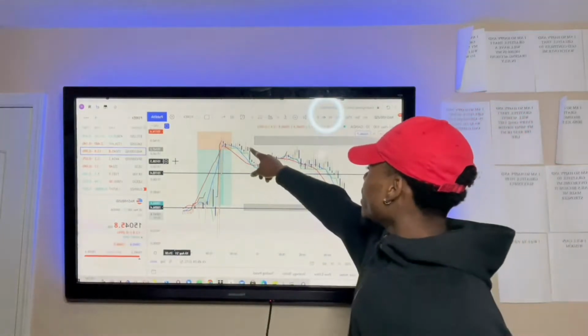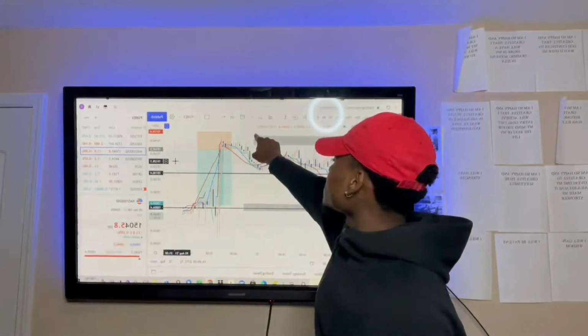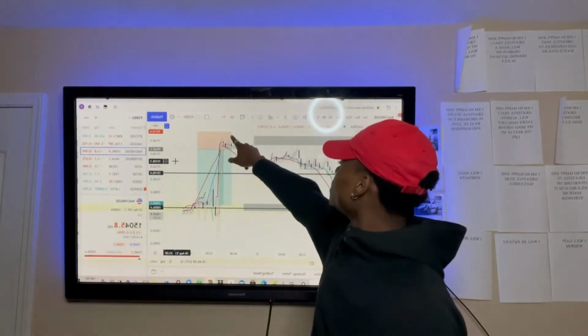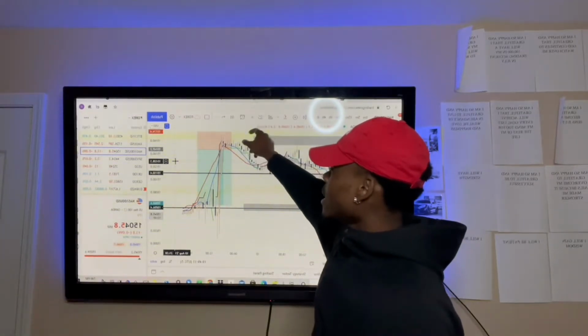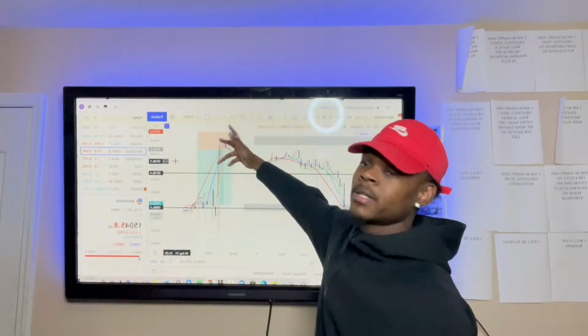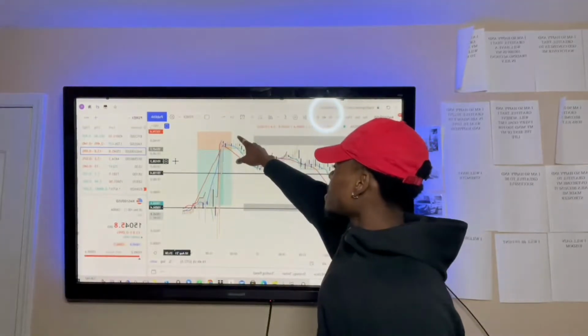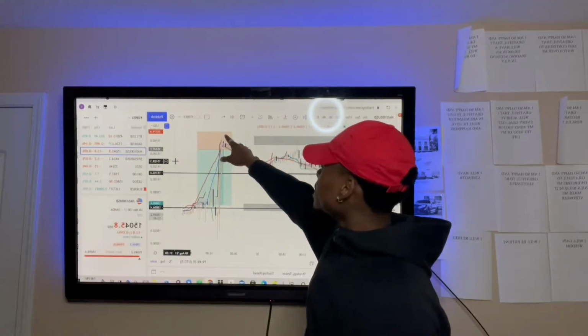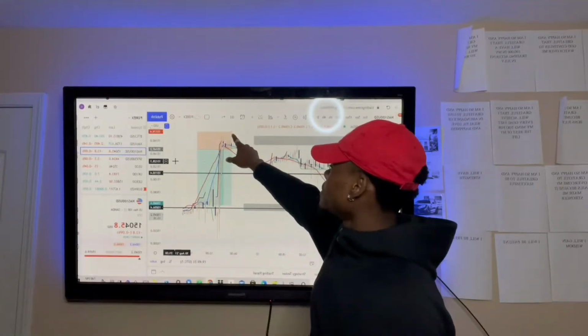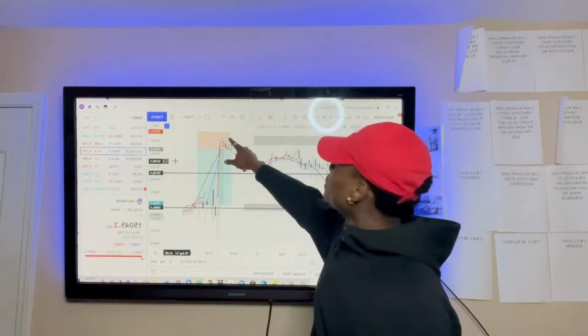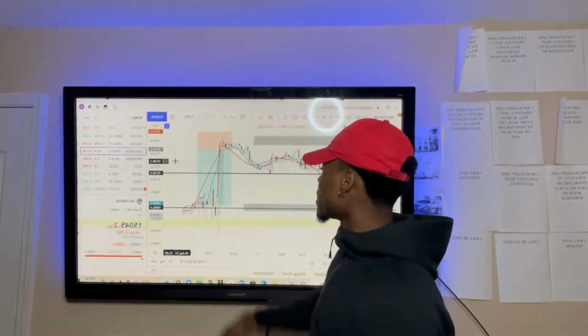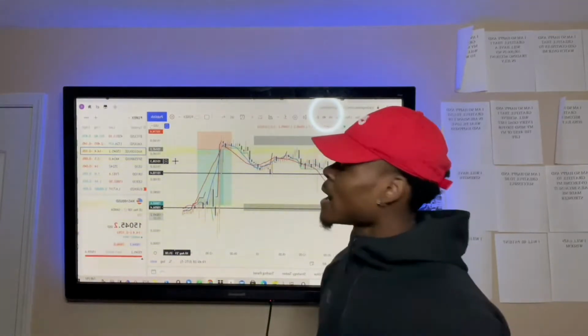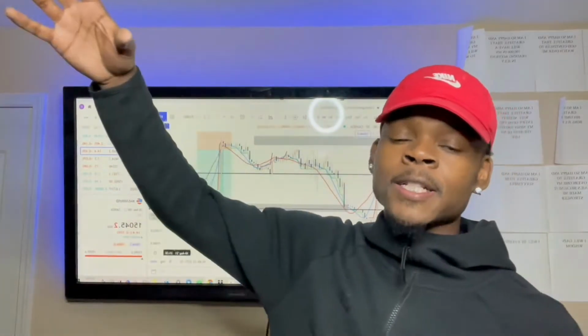So right here, I set it right outside of my supply zone. Again, use the ATR to measure this, but I set it right outside my supply zone, and it never did go out of my supply zone. It ended up selling all the way back down. So I like to set my stop loss outside of either my highest point, or my previous highest point, or my previous lowest point.